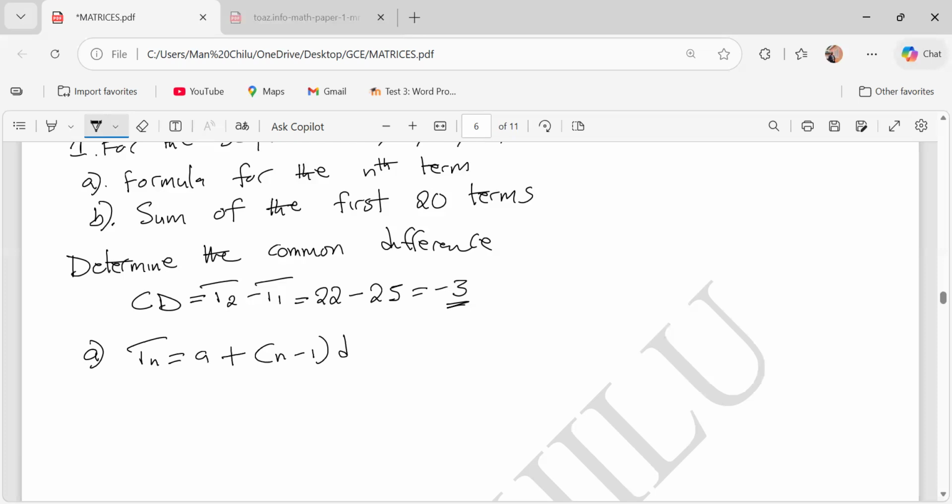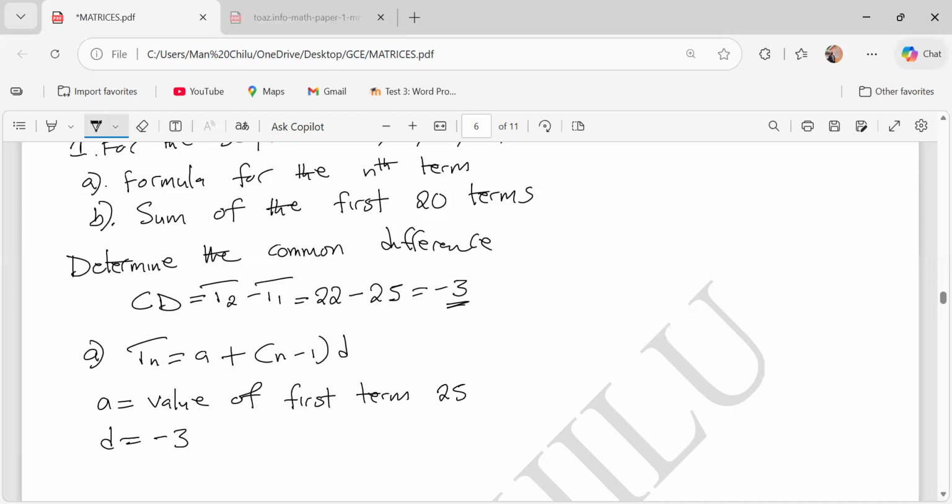What you need to take note of is that a is the value of the first term, which is 25. d, we found, is negative 3.